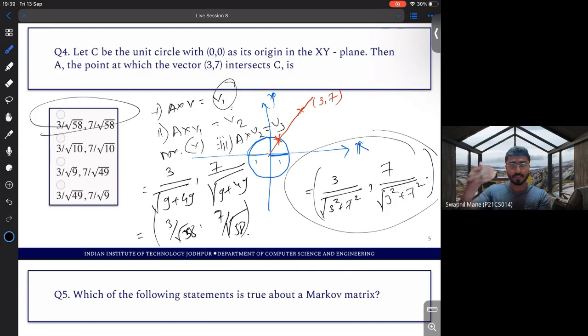We do this calculation for v1, v2, v3, and at a certain point we get vn and vn minus 1 as the same vectors. That point is the converged point. After those n iterations, for the subsequent iterations you will get the same vector as a result.